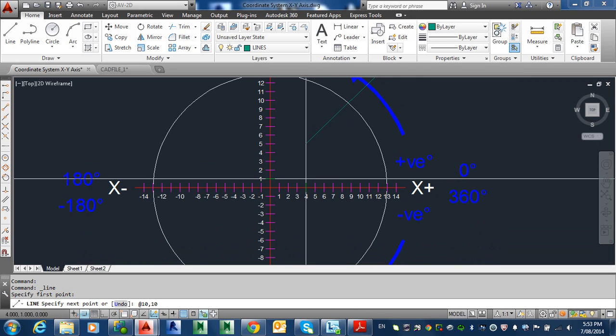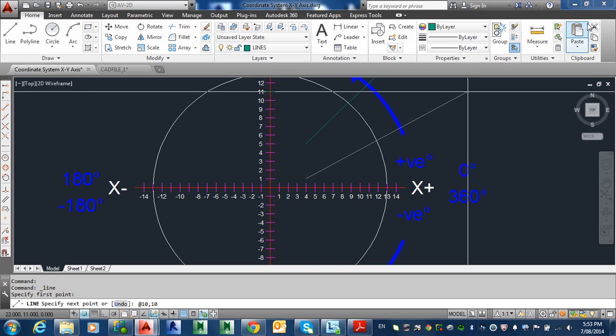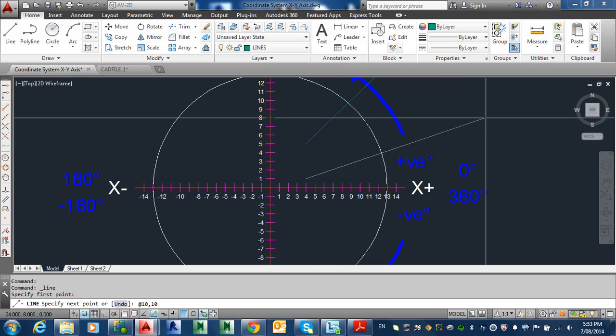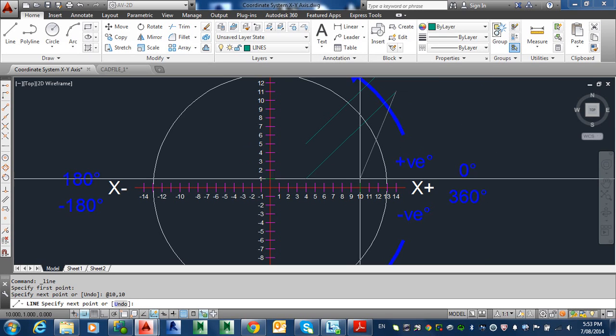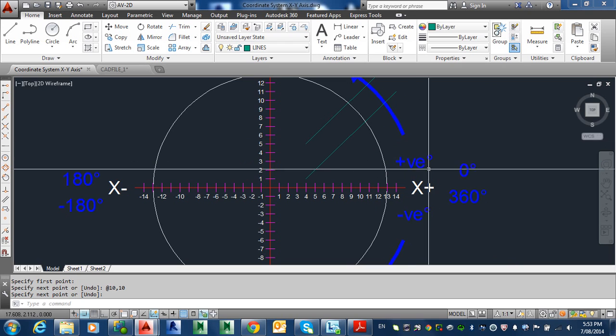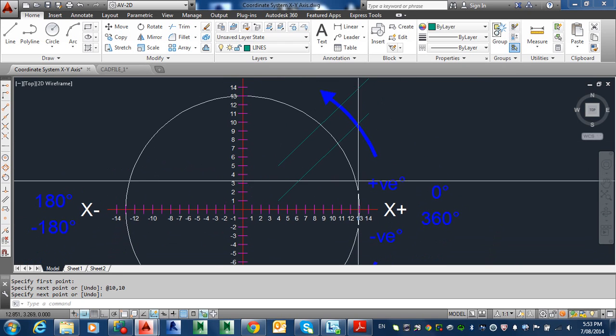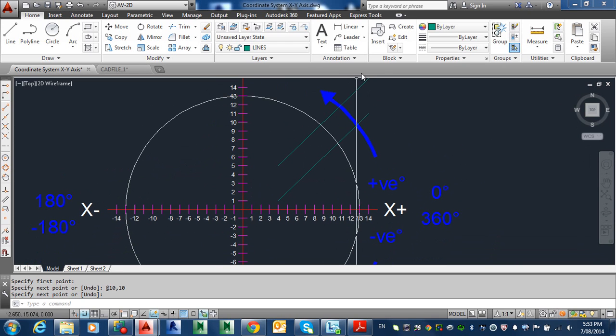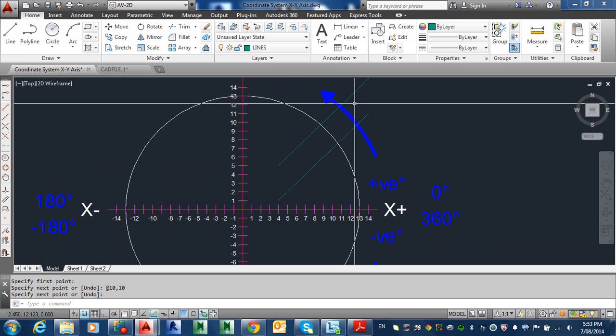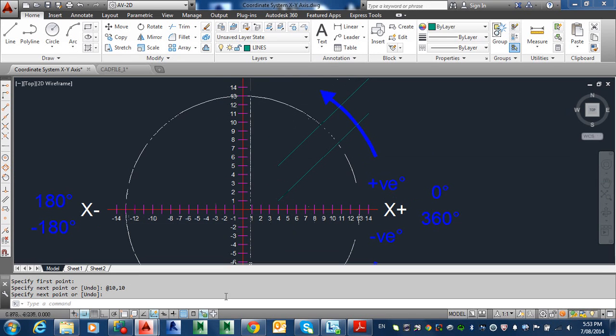That at sign temporarily says that 0,0 is just where my pointer is now, where I clicked last. So it starts counting 10 one way and 10 the other, or whatever number you put in the X and the Y. If I just enter that now, @10,10, it goes like that, enter to finish. In theory, they should be exactly the same length and exactly the same angle. So that's relative coordinates.